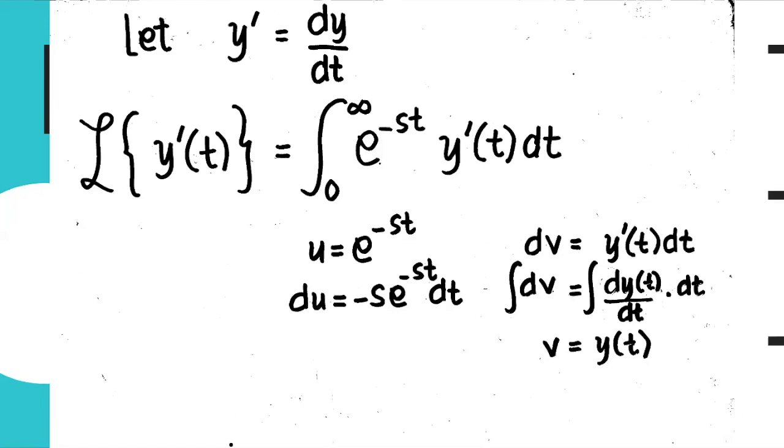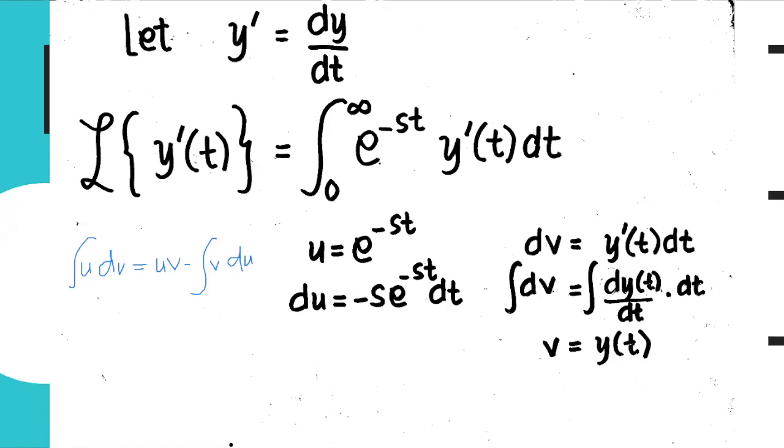So the differentiation operation is cancelled once we integrate. Clear? What is the formula of integration by parts, if you remember? The integral of u dv is equal to u times v minus the integral of v times du.